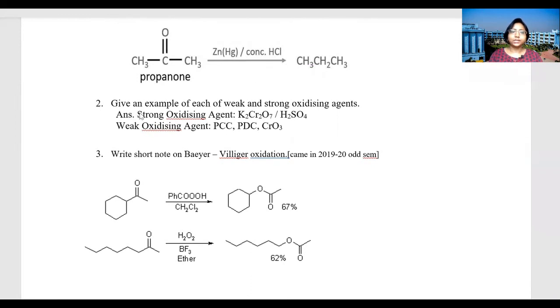The strong oxidizing agent is K2Cr2O7, or you can also write KMnO4 with H2SO4, and the weak oxidizing agents are PCC, PDC, and CrO3. Now, write a short note on Baeyer-Villiger oxidation. This question came in the 2019-20 odd semester. Here I have already discussed it, just write it down with the example.